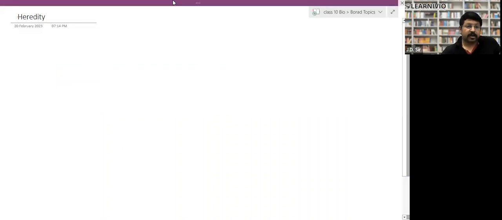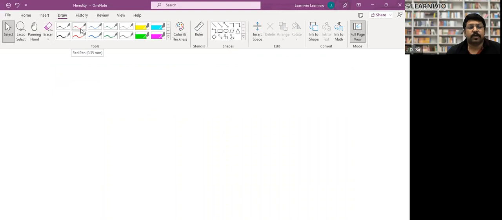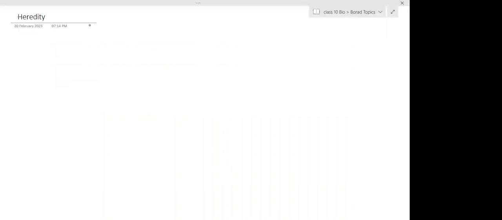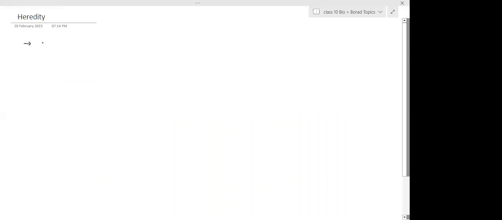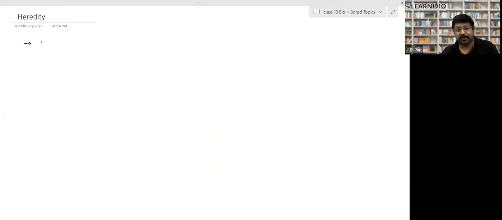So in heredity, what can be asked? Most probably you will get a long question from the Punnett square, right? A very important thing is the dihybrid cross.